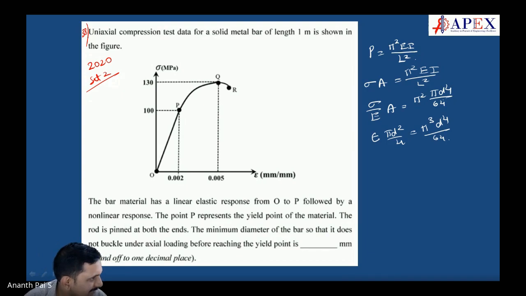Length square, and 10 to the power 3 is 10 to the power 6. So you know what mistakes you make. Using this, you get the diameter, as epsilon is 0.002 given there. Apply that and get the answer. D is coming as almost 57 millimeters.